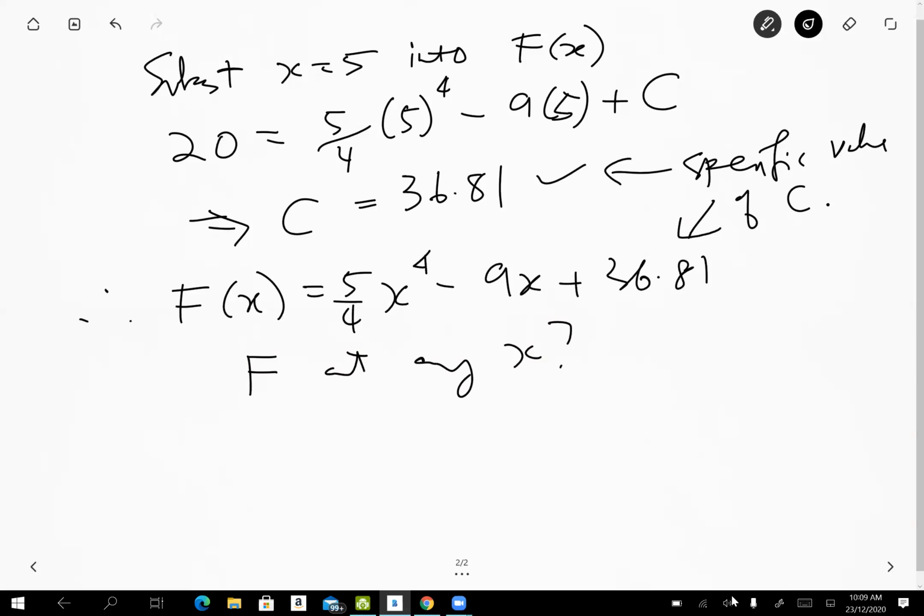What is the value of the function at x equal to 100 or 50? We can find the value of F at any x. So that is the initial condition.